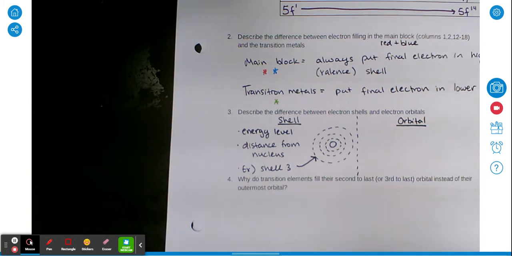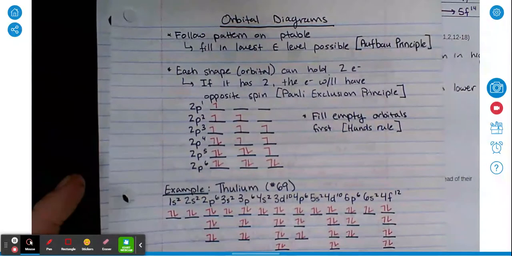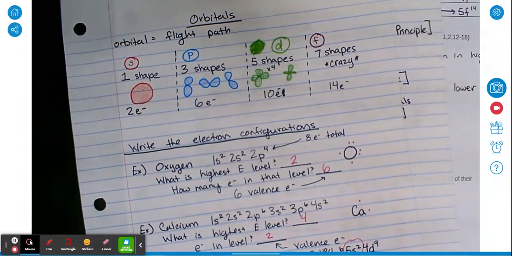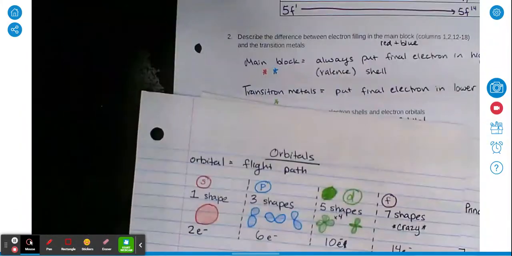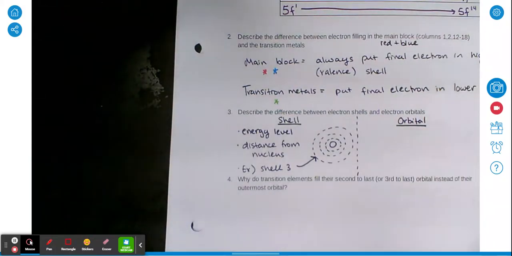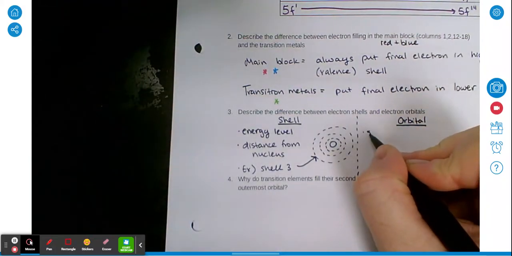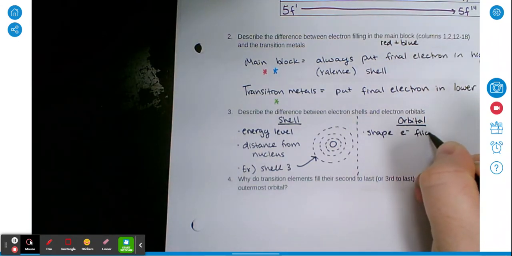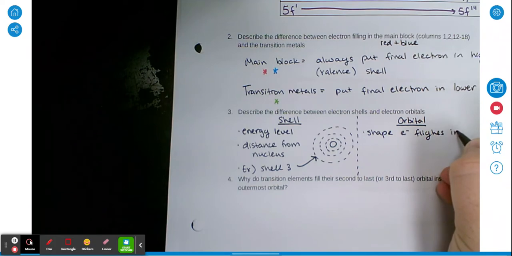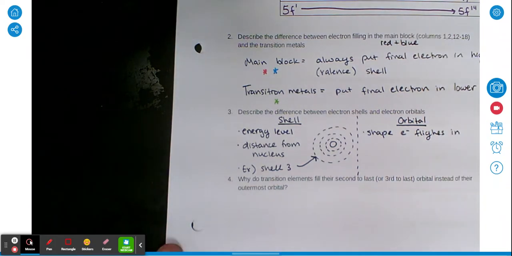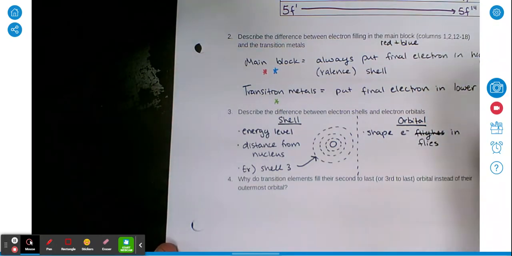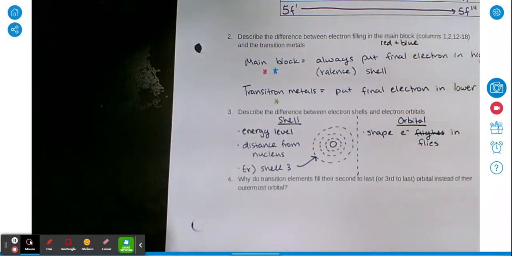An orbital is, on the sheet, a shape or a flight path. So it is the shape that an electron flies in. It is the flight path of an electron.